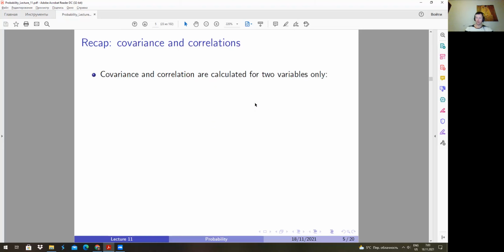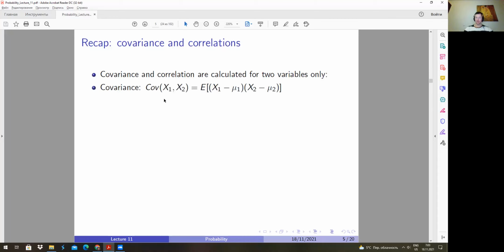So the last thing we introduced in the last lecture was the covariance and correlation. This is not possible to extend to the case of several random variables, because covariance and correlation are defined only for pairs of random variables, only for 2 random variables.